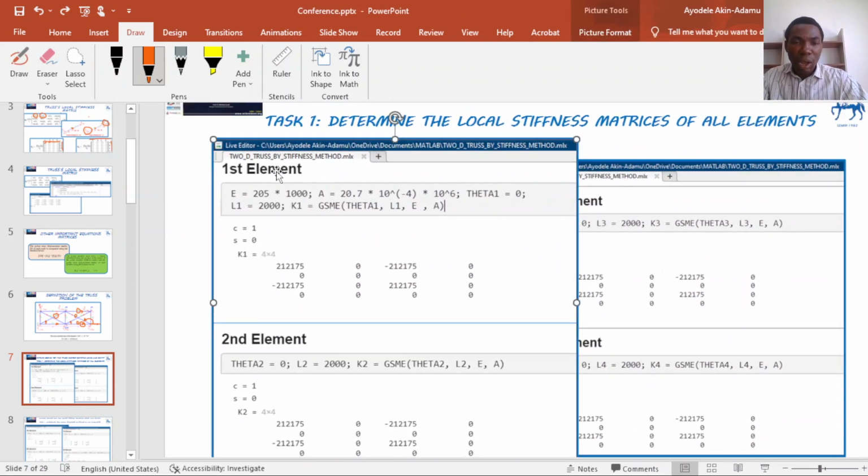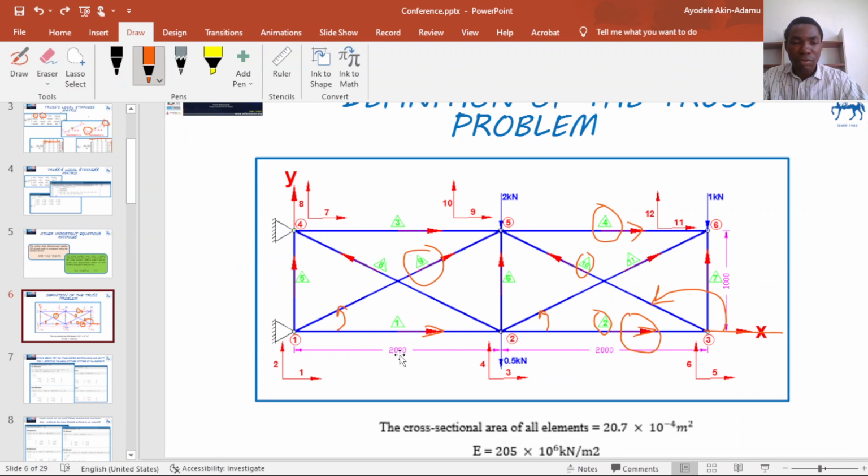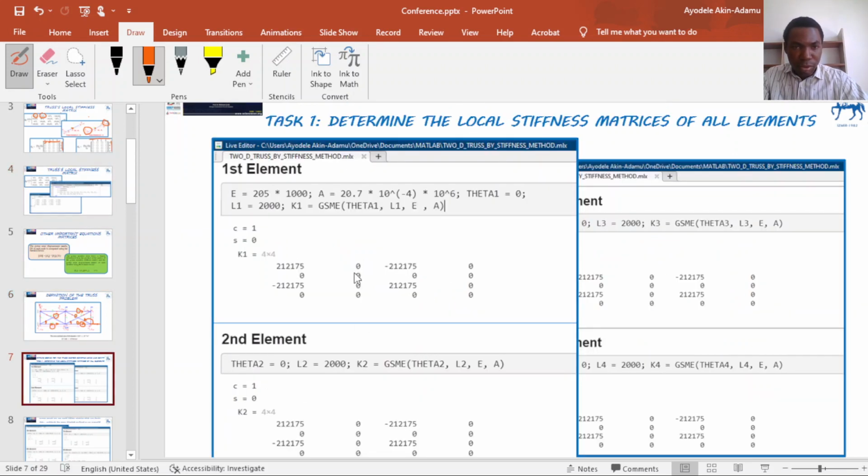You can see, while we are defining the local stiffness matrix on Matlab, I defined θ1 as 0 degrees because the angle is 0 degrees. L1 is 2 meters from the question, 2000 mm.